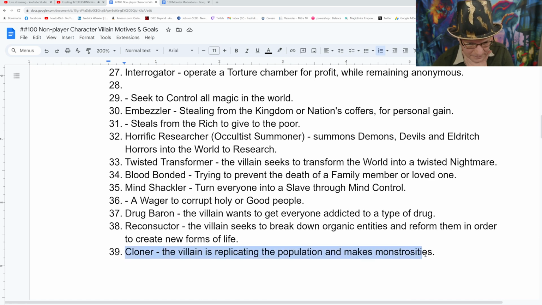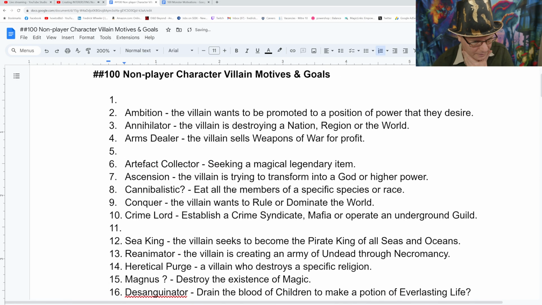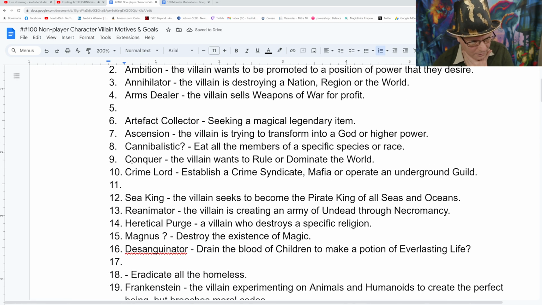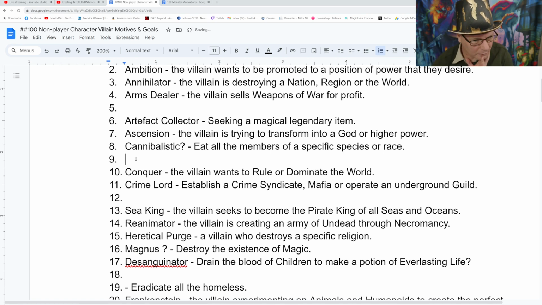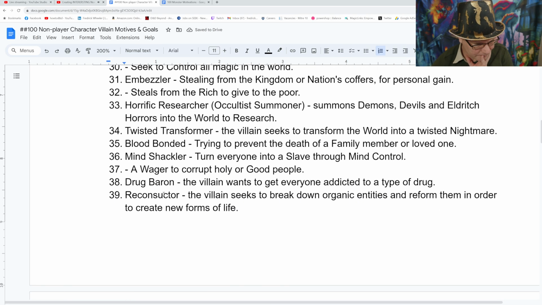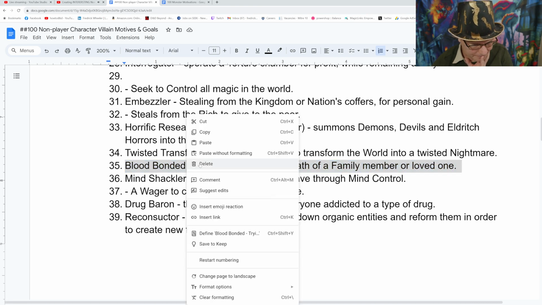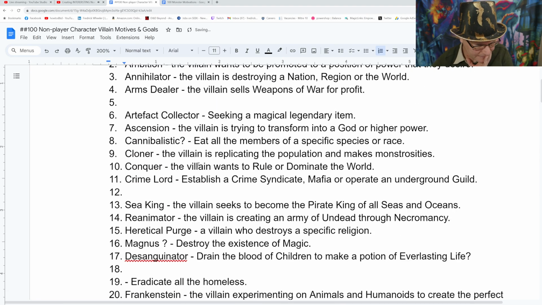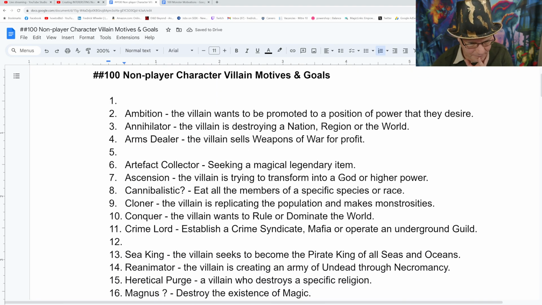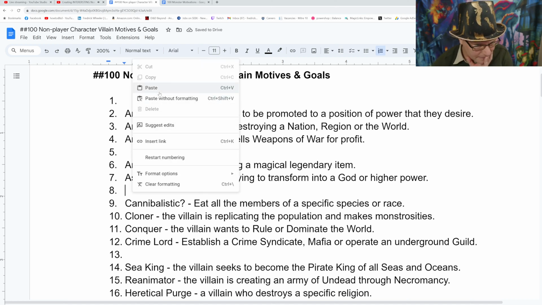Cloner, we'll put it under C. Don't have that many B's, apparently. So cut, cloner, clone, CL, A should be right there, in the middle. Cloner, paste. No, oh, blood bonded, let's grab blood bonded. Cut. Blood bonded is going to be right under here, and paste.